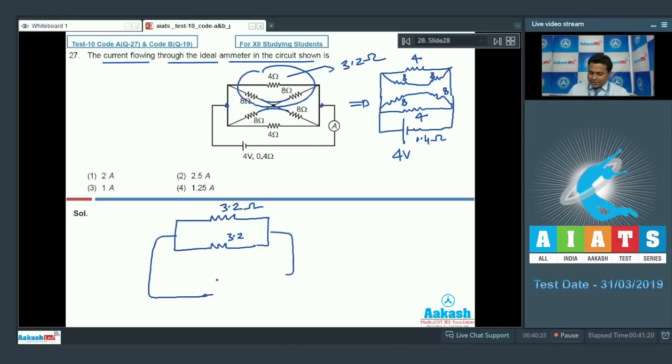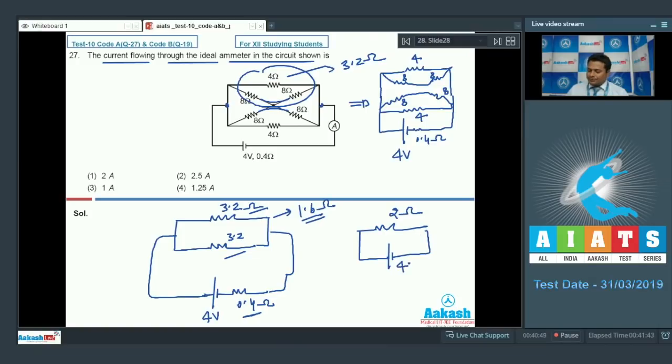which is connected with a battery of internal resistance 0.4 ohm and EMF 4 volt. 3.2 and 3.2 will have a combination of 1.6 ohm because they are in parallel. 1.6 ohm is in series with 0.4, so ultimately 2 ohm resistance with 4 volt EMF, and the total current will be 2 ampere.